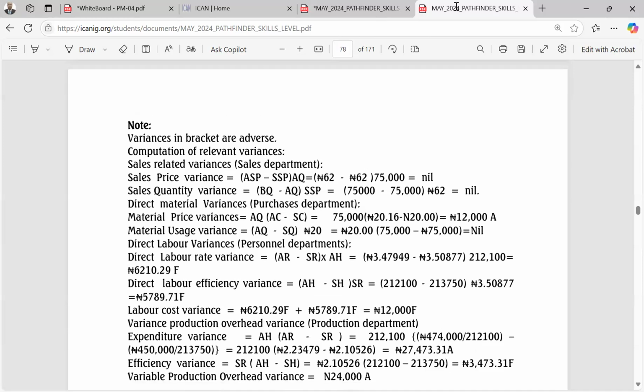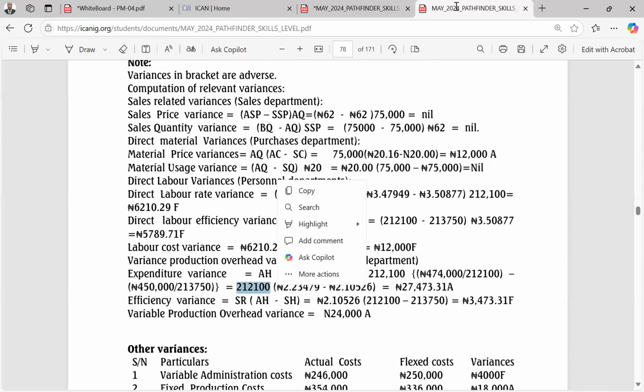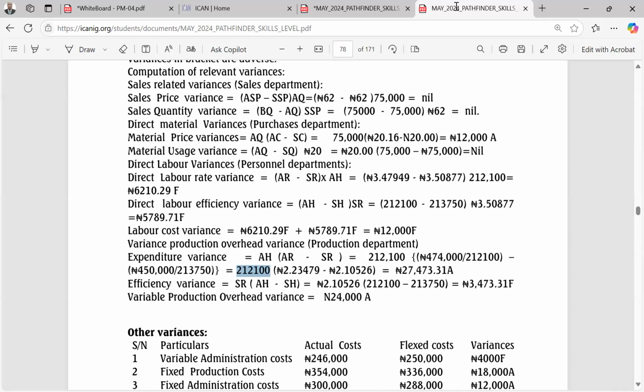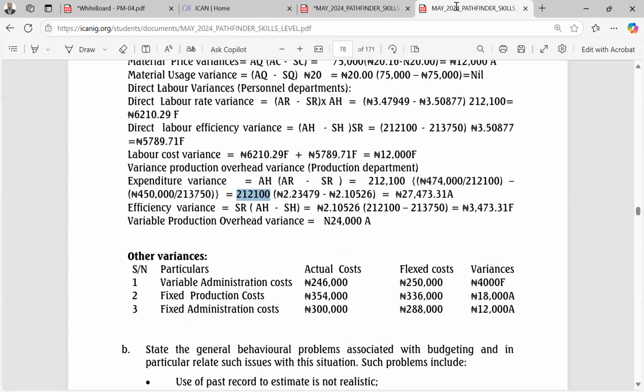But the way I showed you here, for cost, you just do budget minus actual. When it comes to sales, it becomes actual minus budget. In another different question, we will be using this kind of formulas, and I'll tell you how to do these formulas. Look at other variances they got here.